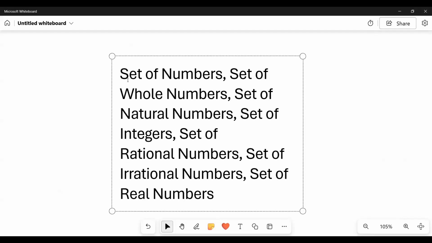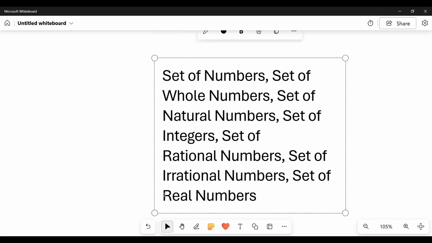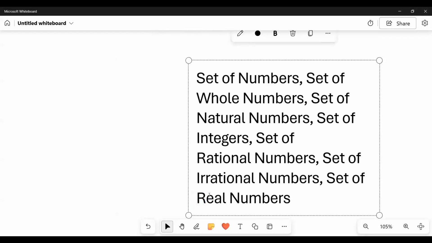We talked about this, what you were supposed to do firstly. Talk about all these sets of numbers: whole numbers, natural numbers, integers, rational numbers, irrational numbers, and they're all in this big, for now I'll call this the universal set, the real numbers.